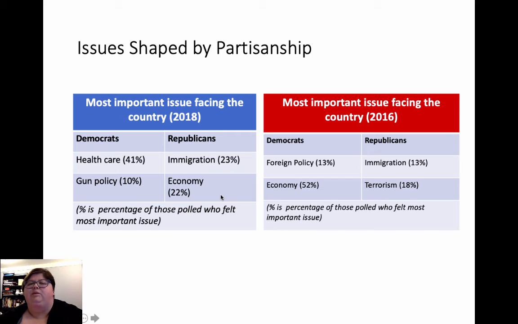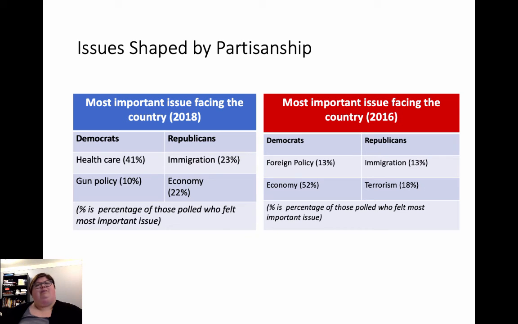The economy flips entirely. Now, between 2016 and 2018, there was not a lot of change in the economy. All of the indicators tended to look about the same. Unemployment may have gone down a tad between 2016 and 2018, but not enough that people actually noticed it.